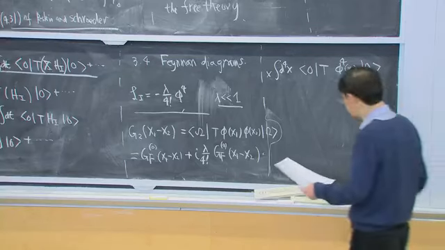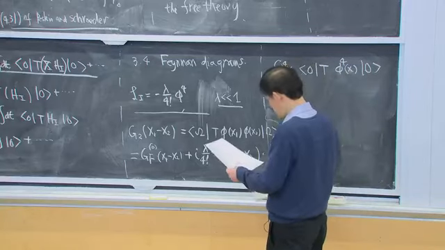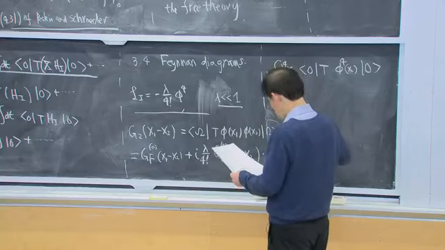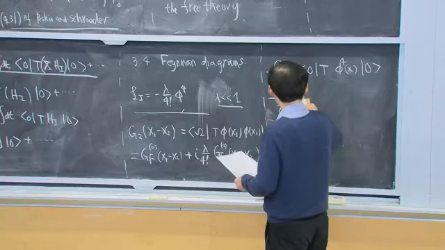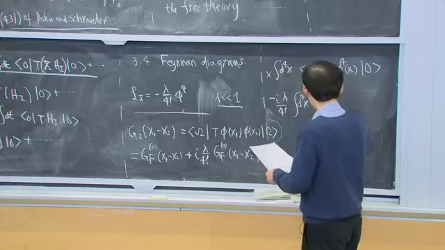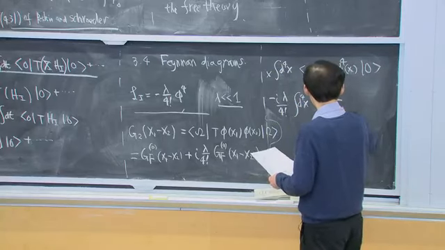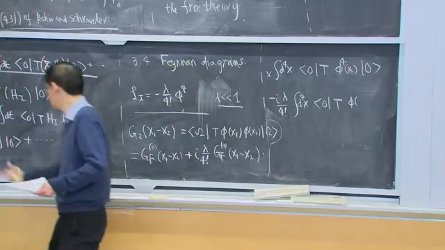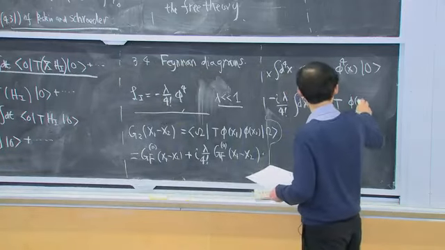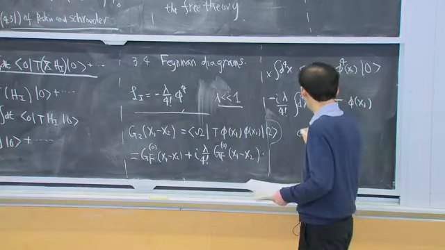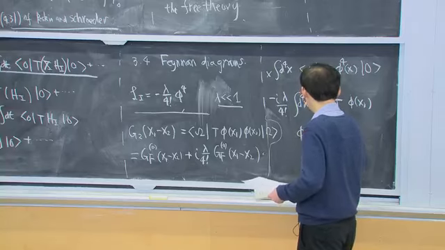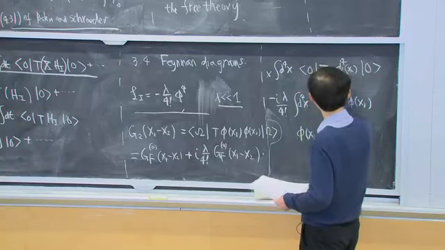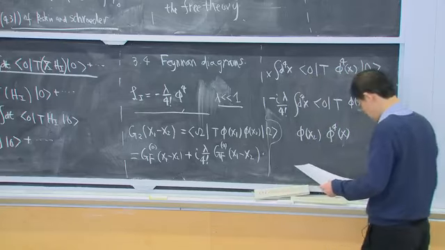And the third term is minus i lambda over 4 factorial, you have d^4x, ⟨0|T, then you combine them together: φ(x1), φ(x2), and then φ^4(x), and this x is integrated over, and then |0⟩.